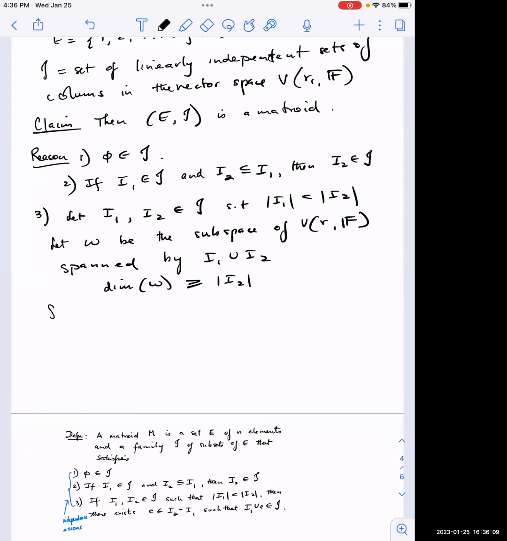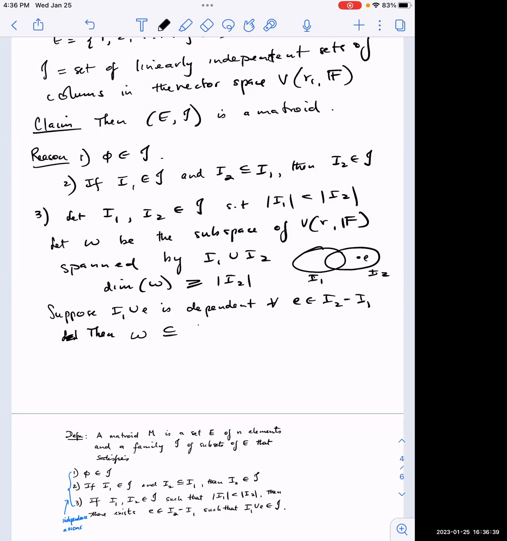So suppose, if possible, we're headed for a contradiction, suppose I1 union E is dependent for every E in I2 minus I1. A little picture here: here's my E, and I1 union E is dependent. Then W will be in the span of I1.